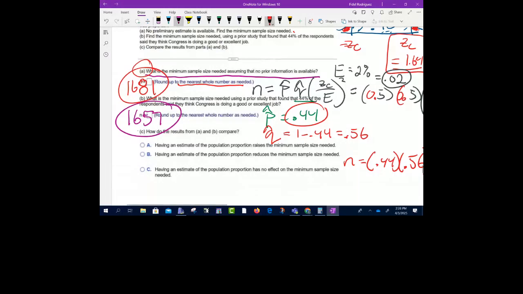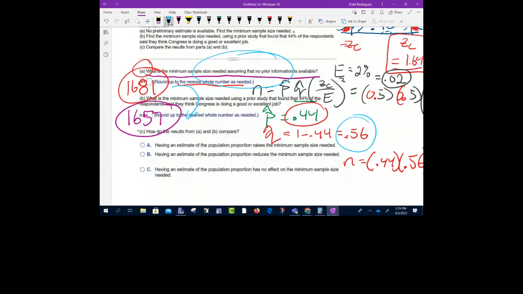Let's take a look at each of the choices. Having a population proportion raises the minimum sample. So in the first one, we didn't know, so we used 0.5 and 0.5. In part B, they gave us a value of p hat, 0.44, so we were able to find our q hat, which is 0.56. Did that number go up from here to here, or did it go down?